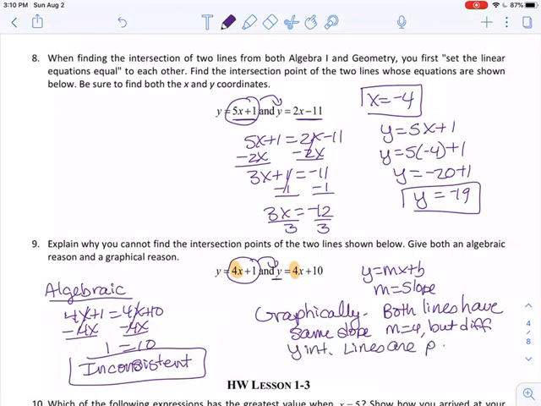The lines are parallel. If they're parallel, then that means they will never intersect. And that makes sense from what we found algebraically. Okay, and that was Unit 1, Lesson 2 homework.